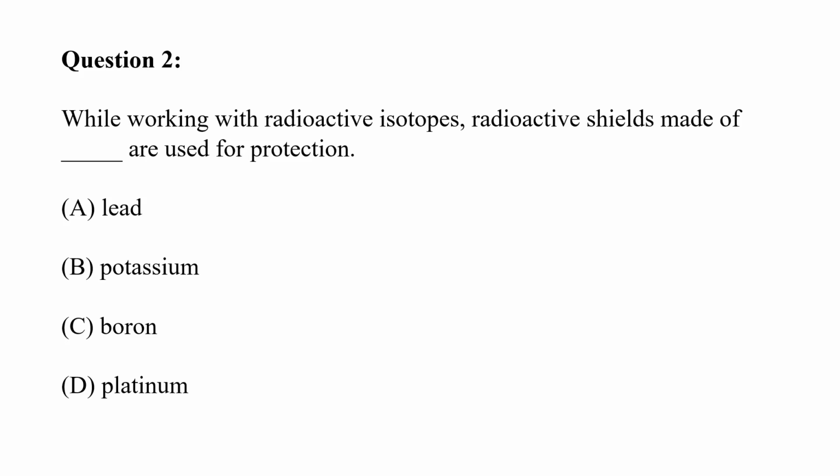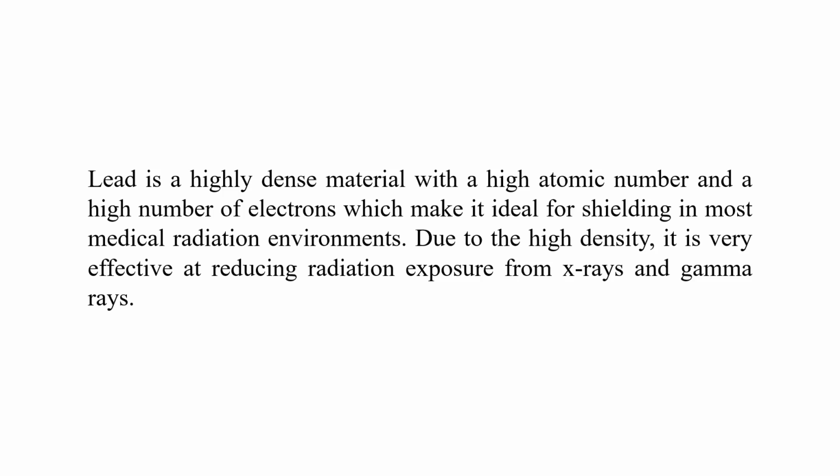Yes, exactly. The correct answer is high density. Because of its high density, it can protect us against the radiations. So basically, lead is a highly dense material, and because of that high density and high atomic number, it has a high number of electrons.